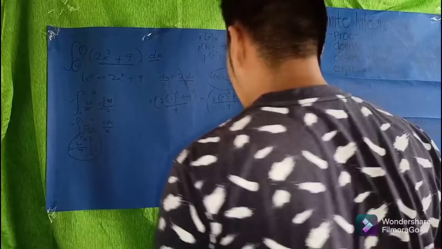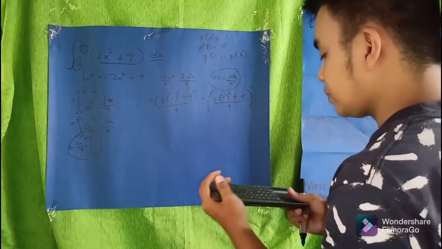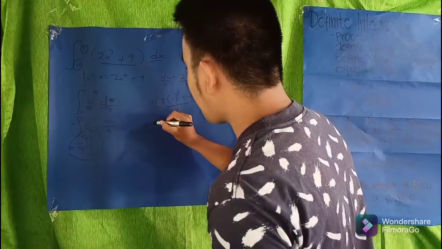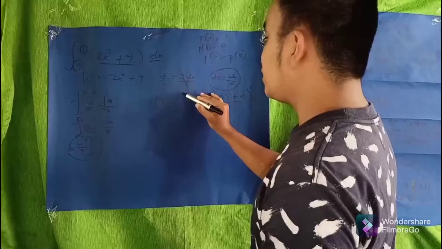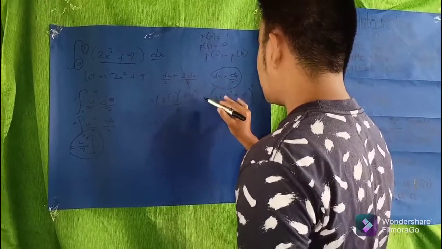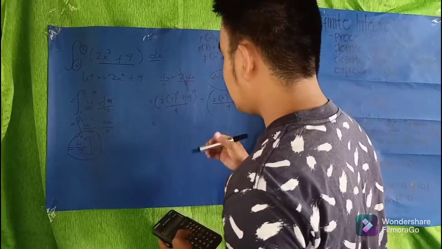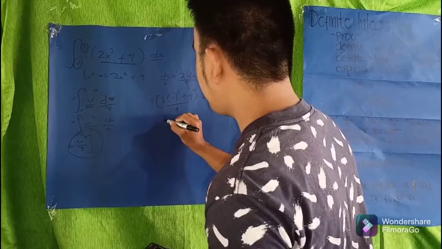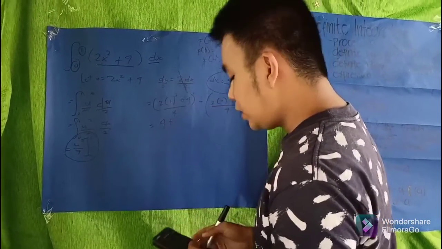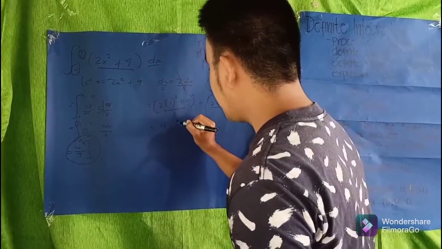Now that we are solving it, I need a calculator. So we will solve this first. 1 raised to 2 is equal to 1, times 2. 2 raised to the second power is equal to 4. Plus 4 raised to the second power is equal to 16.